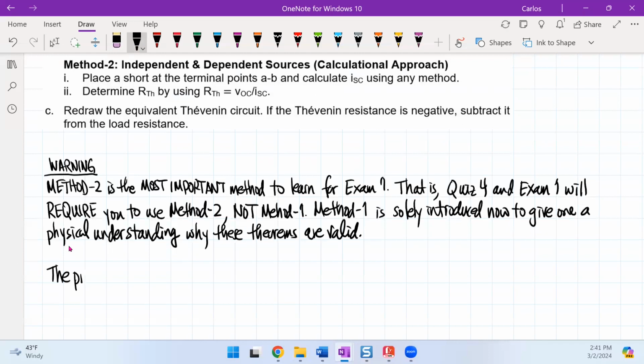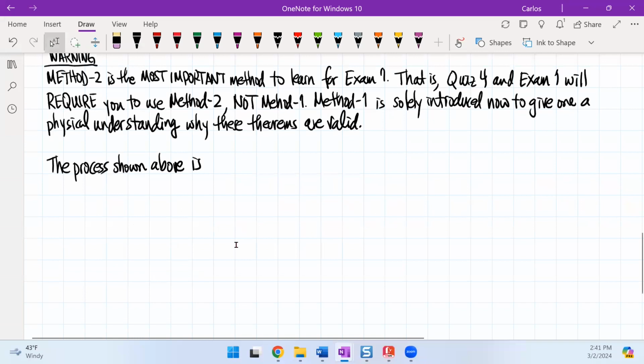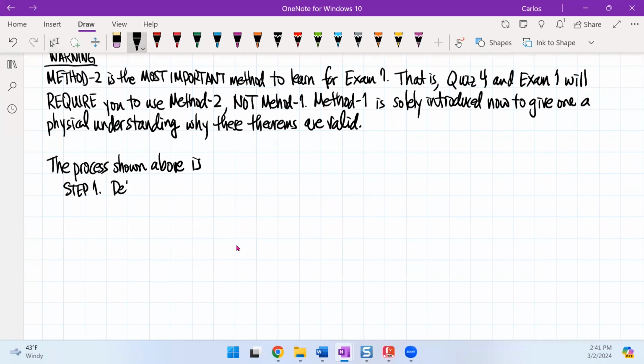The process shown above is: step 1, determine VOC, which is the same as VTH.